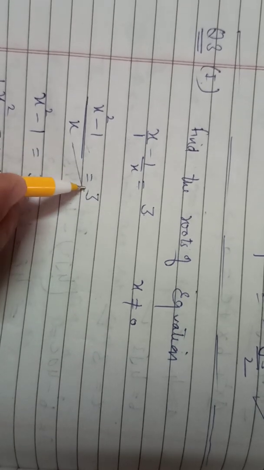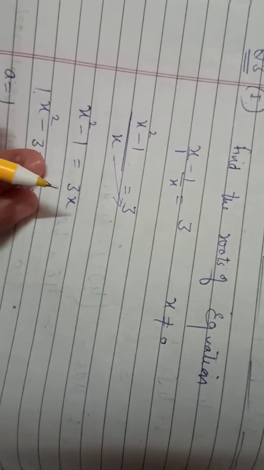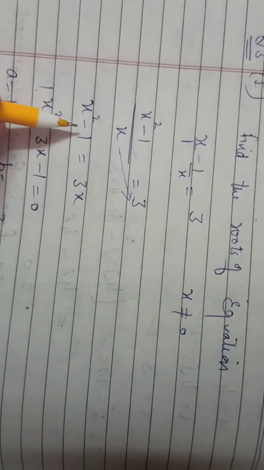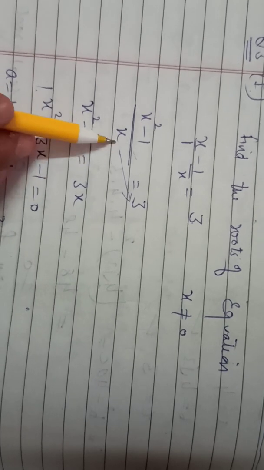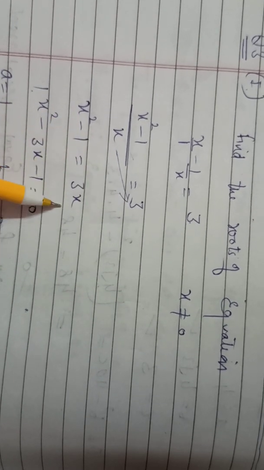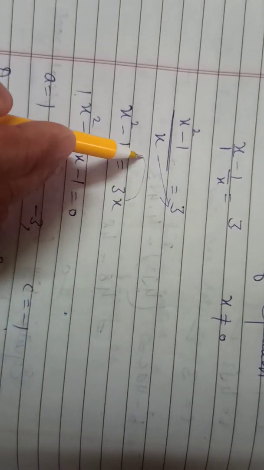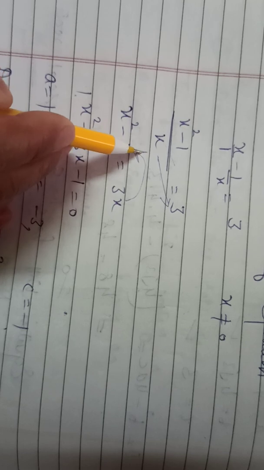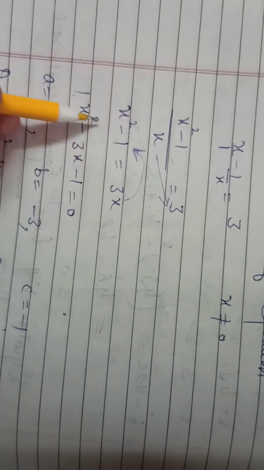Now this x will go to this side, it will go cross. x square minus 1 is equal to 3x.